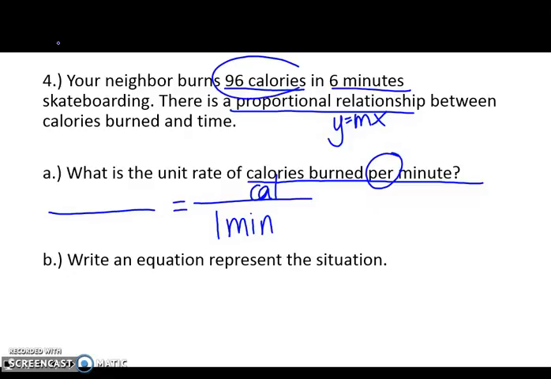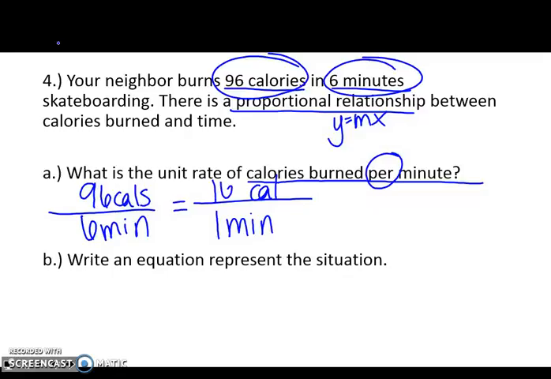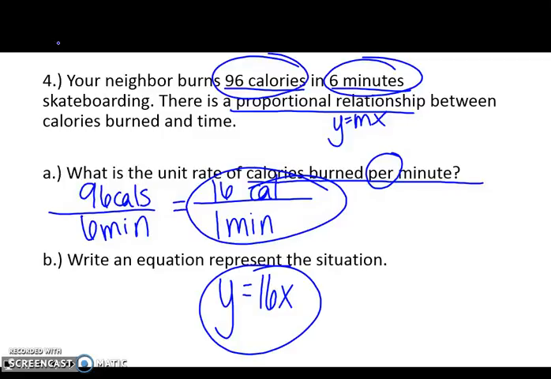Well, we know he burned 96 calories in 6 minutes. So we can use that to find our unit rate. So you take 96 divided by 6, and you're going to get 16 calories per minute. Since this is our unit rate, and unit rate's the same as slope, we're going to use that in our equation.